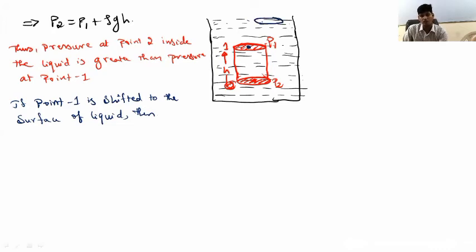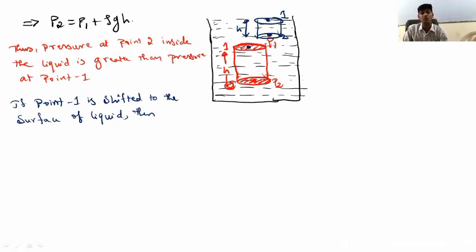Point 1 comes here, point 2 comes somewhere below, correct? This is point 1. So point 1 is now on the surface of the liquid and point 2 is at a depth h from the surface of the liquid.